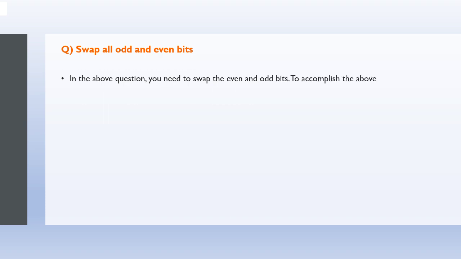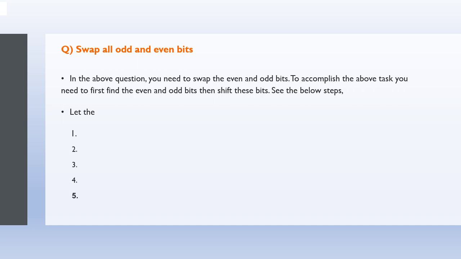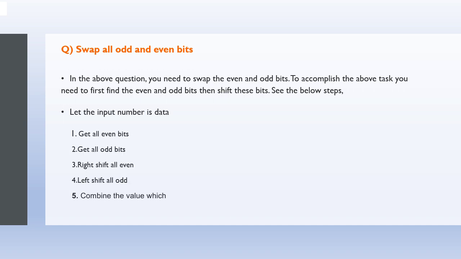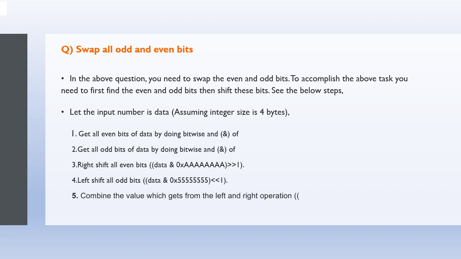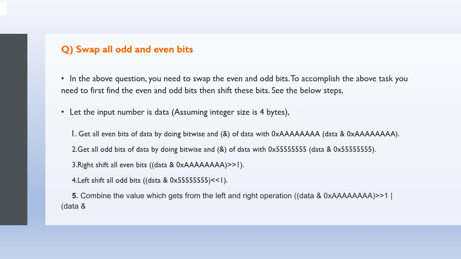That means we get all even bits of data by doing a bitwise AND of data with 0x, okay, something like this. Then AND with 0x5555555555. Okay, that means the complement of A is 55, right? We get the even bits and the odd bits, right?